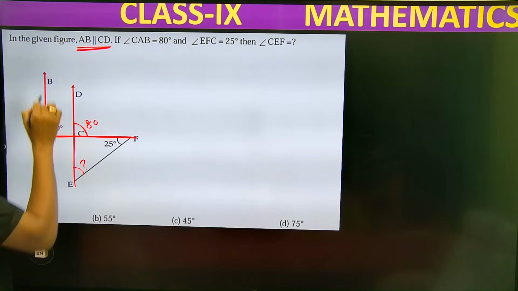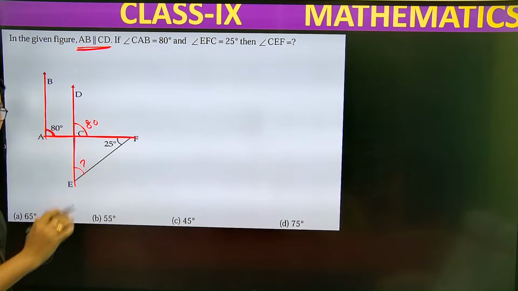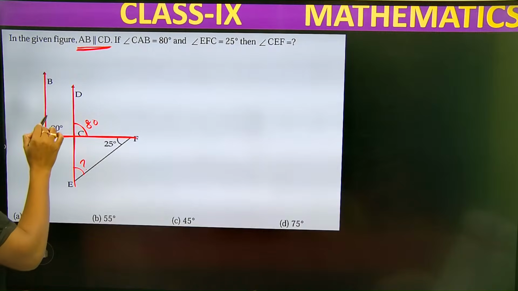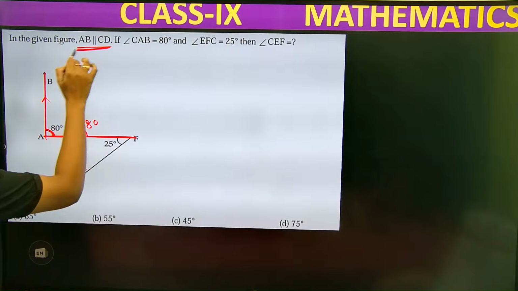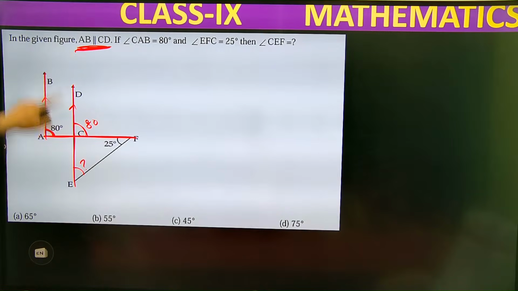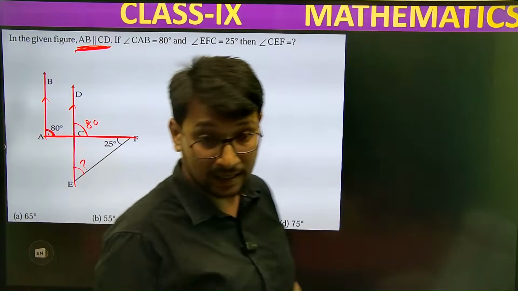This angle is 80, so how much is this one? 80. Why? Corresponding angles, children, understood? If this angle BSC is 80, then DCF would be 80, because these are corresponding angles. These two lines are parallel, the question says AB parallel to CD, so it is 80 due to corresponding angles.